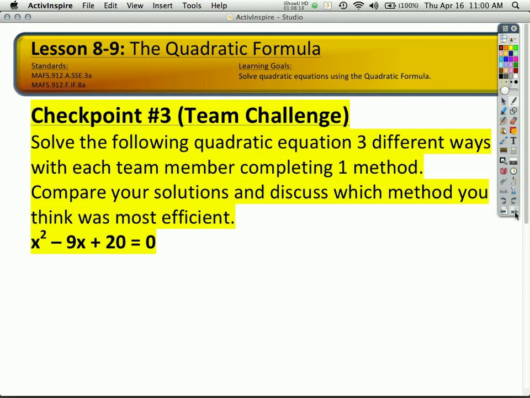And each member of the team does one method. You're going to have to fight with each other. Okay, no fight. You're going to have to discuss with each other who's going to do which method. I'm going to leave it up to you. Hold on. We're not ready yet. Don't start scrapping yet.